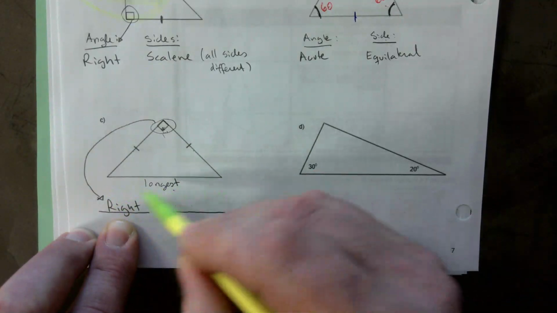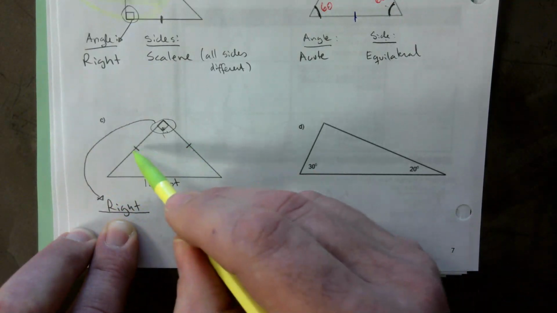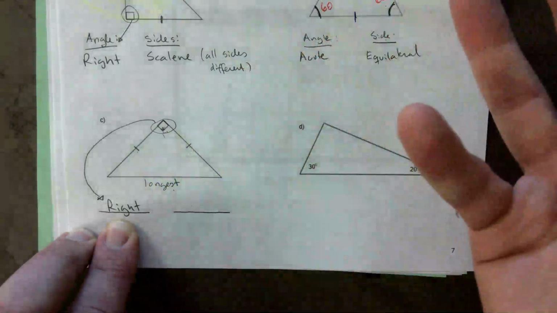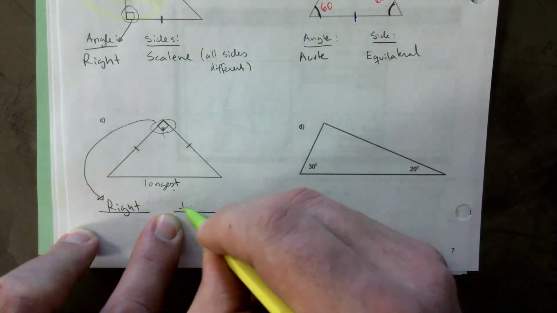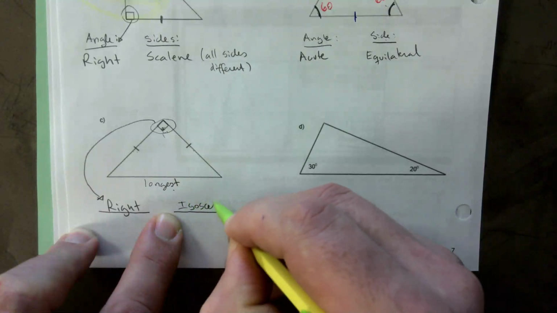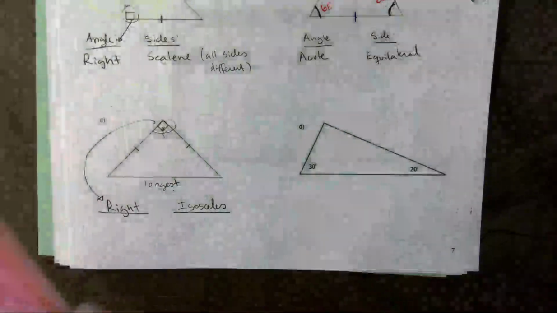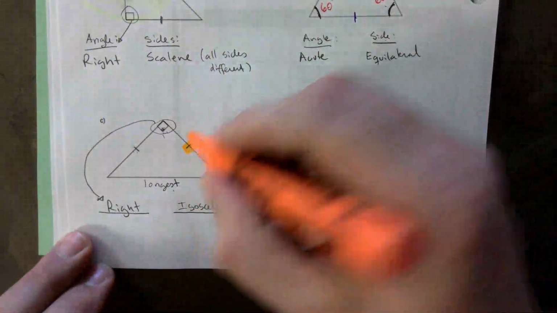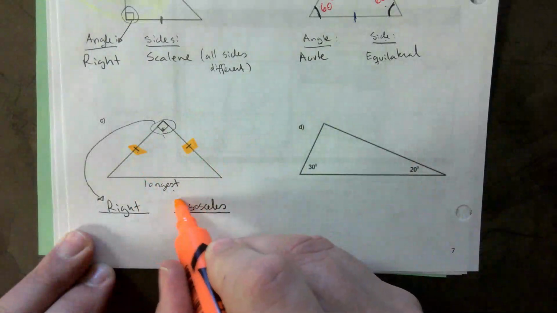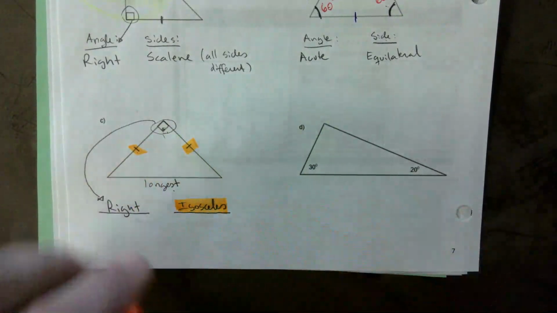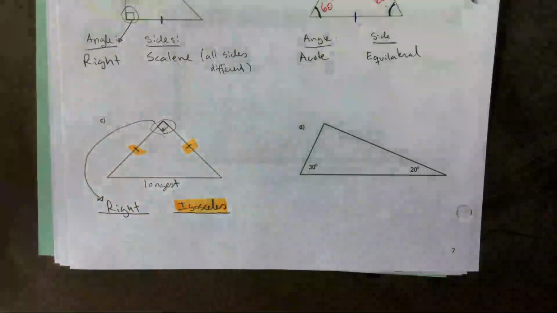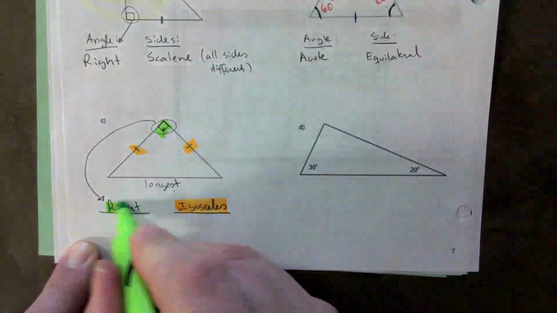This one will not be able to be the same as these two, even if you tried. So this is an isosceles because of the markings. So maybe I'll just highlight the markings. That is what gave away this part. And the 90 degree gives away this part.